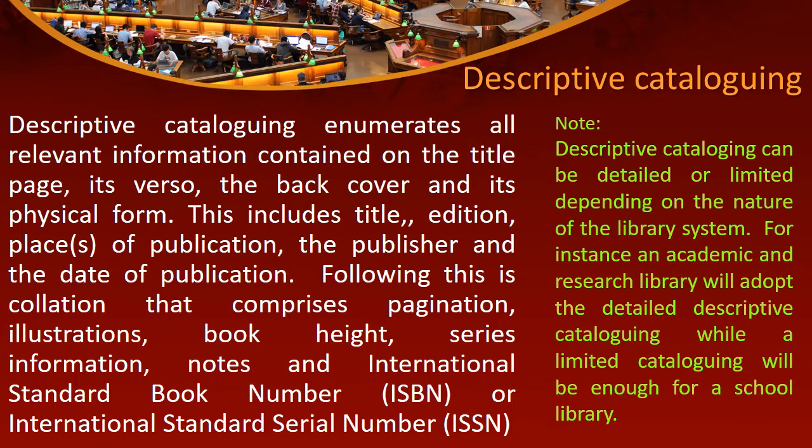This includes the title, edition, place of publication, the publisher, and the date of publication. Following this is collation that comprises pagination, illustration, size, series information, notes, and International Standard Book Number or International Standard Serial Number, as the case may be for serial materials.